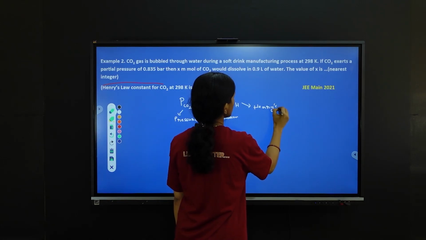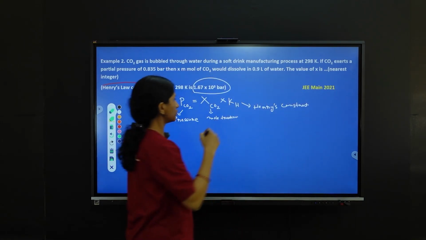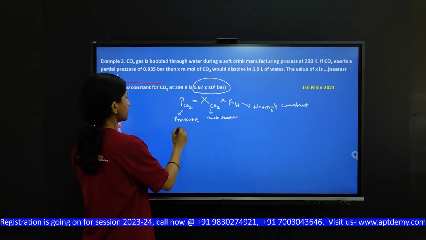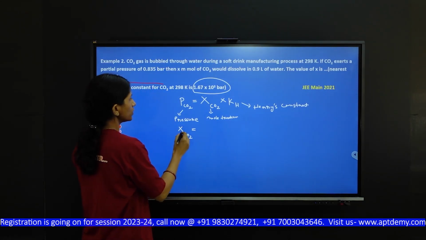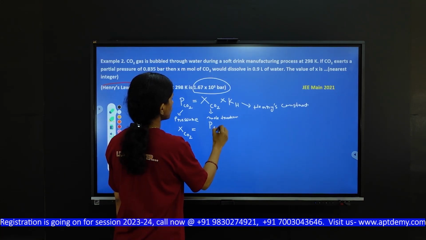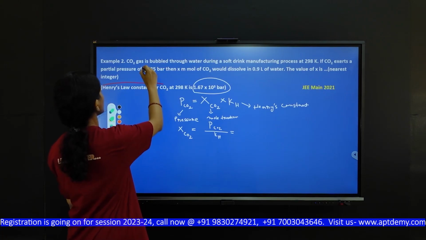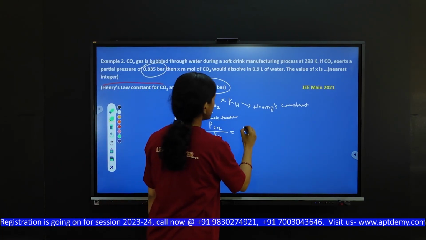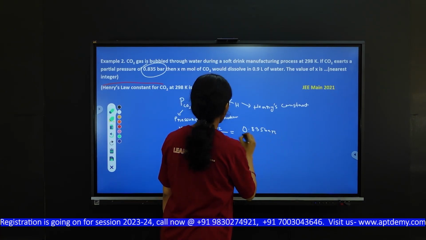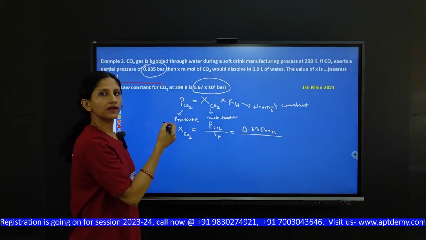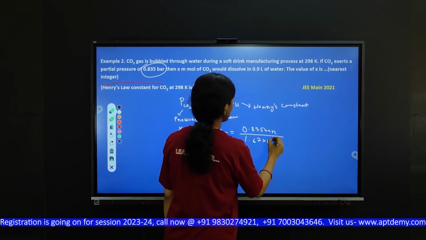So if you check, you can see that two of the values are given. So from here, X CO2, that is the mole fraction of CO2, comes out as PCO2 divided by KH, and PCO2 is given as 0.835 bar, and your Henry's constant is given as 1.67 times 10 cube bar.